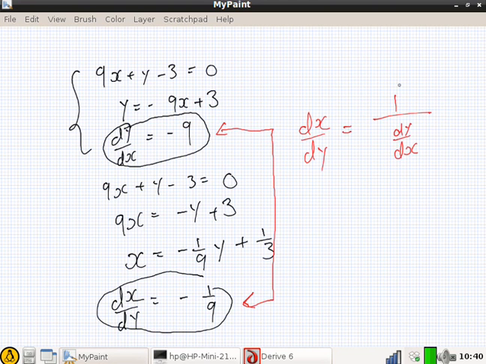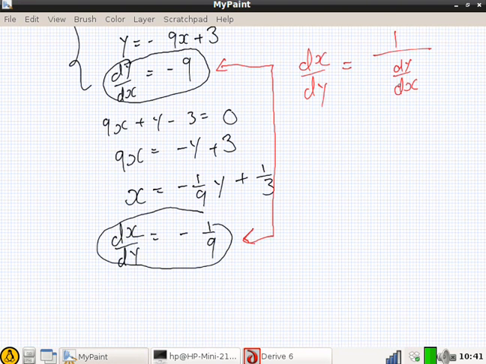Now this is getting interesting, because think back to when was the last time that you saw a slope that you have to turn upside down? When did you last do that? Perpendicular. Tangent line. Does anyone know the name of what's perpendicular to the tangent? It's normal. It's called the normal.